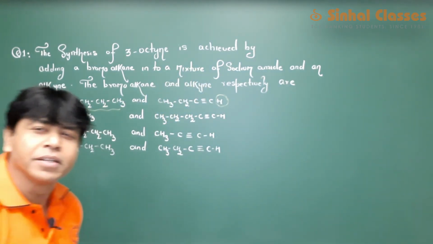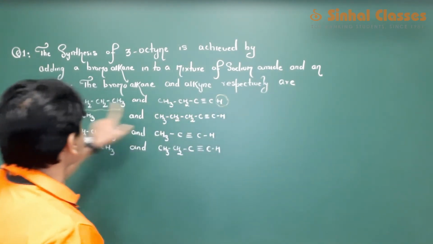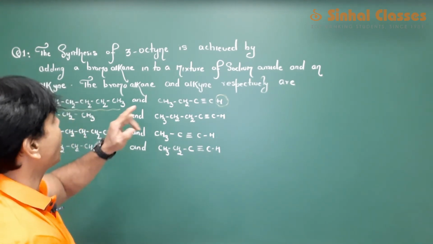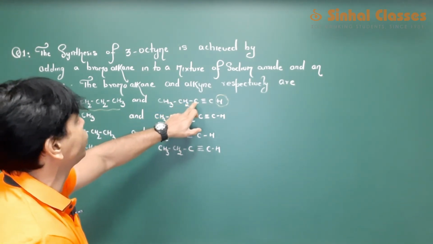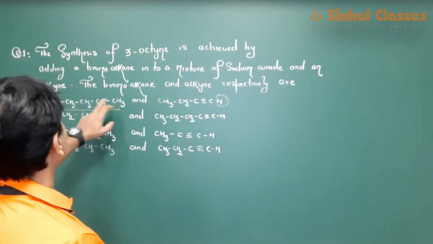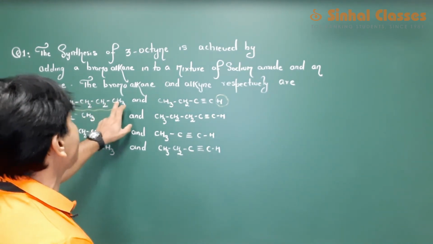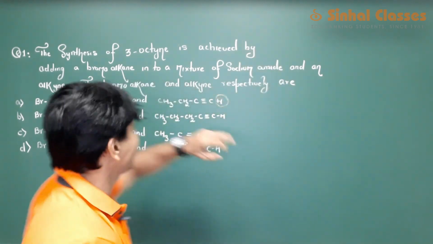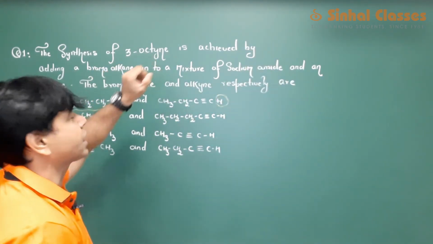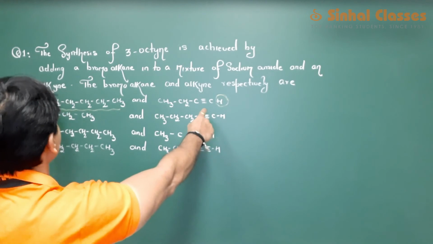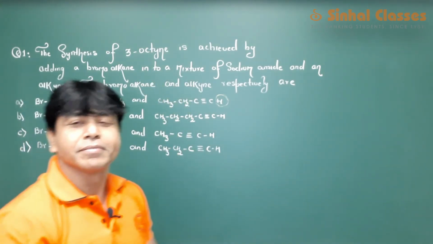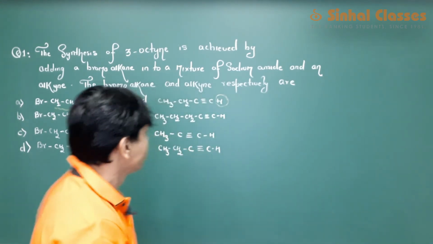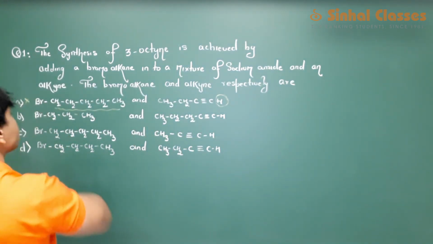Just imagine if this H gets replaced by this group, then your answer will be 1, 2, 3, 4, 5, 6, 7, 8, 9 carbons. And you wanted 3-octyne, so this can't be your answer because it gives you 9 carbons. So option A is gone.